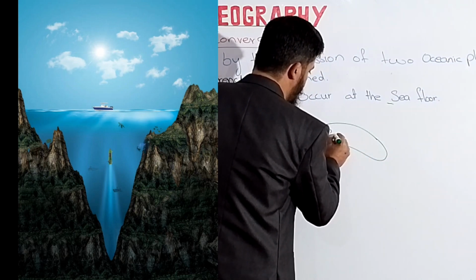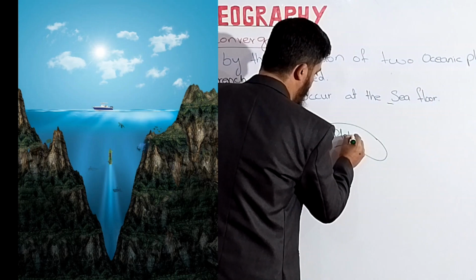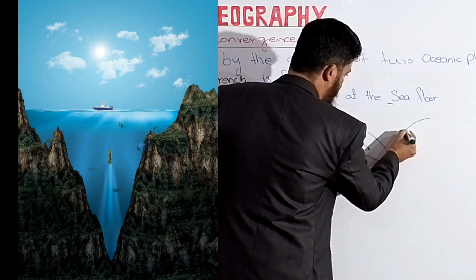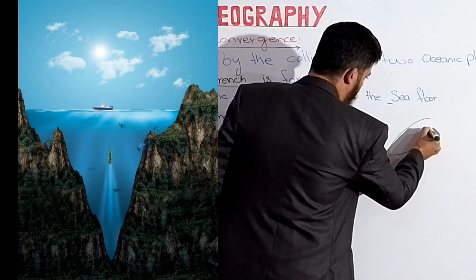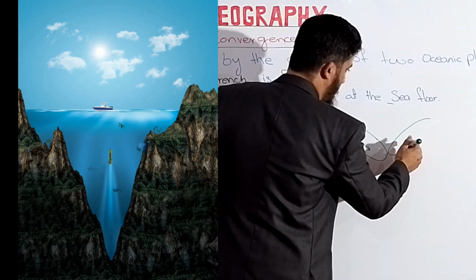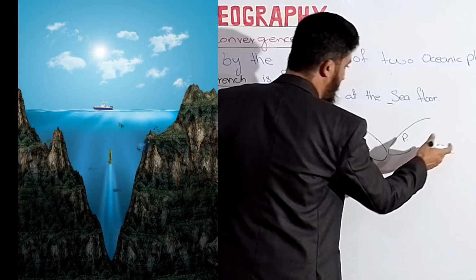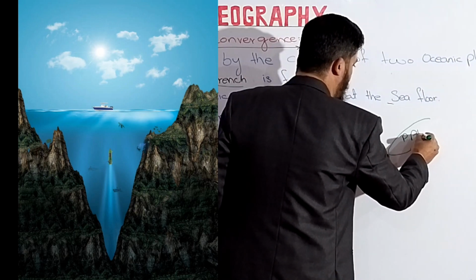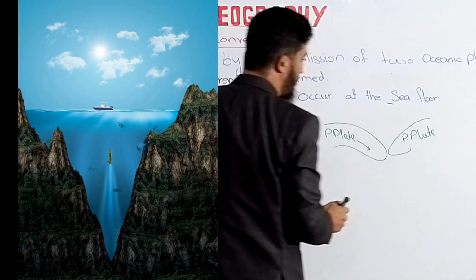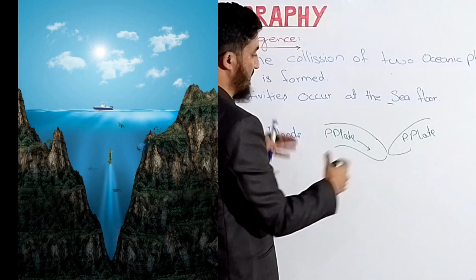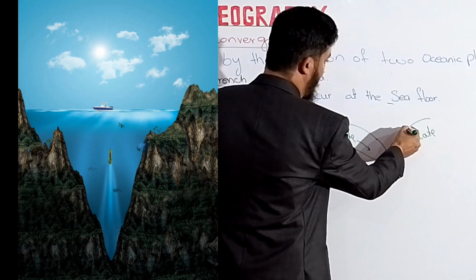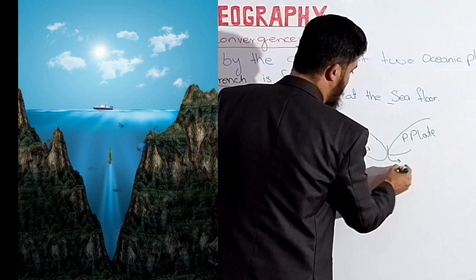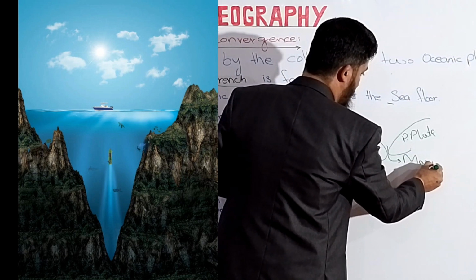The Pacific plate subducts itself, and here comes the Philippine plate, in the Pacific Ocean. So when they collide with one another, they form a trench, which is the deepest trench on Earth. It's called the Mariana Trench.